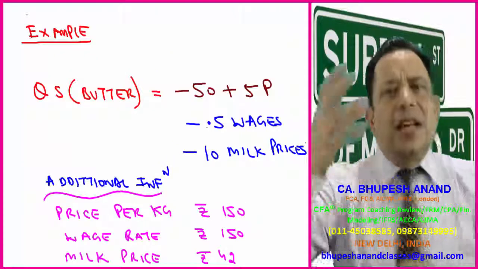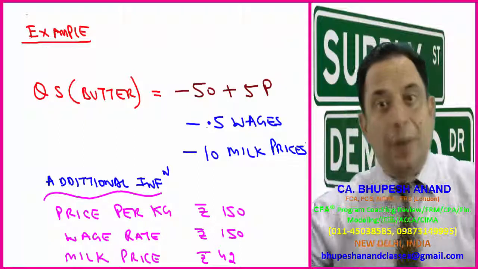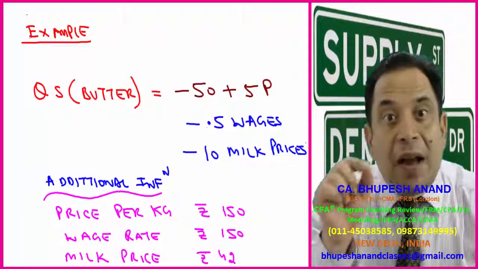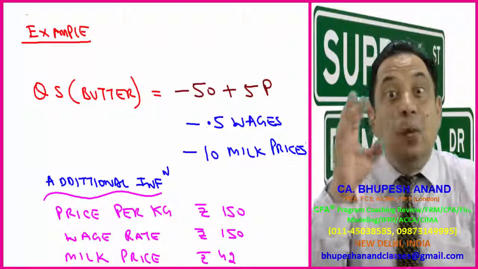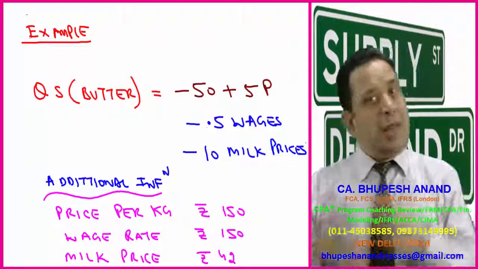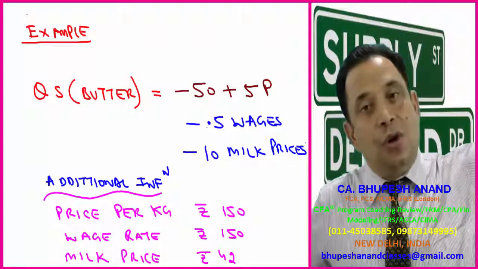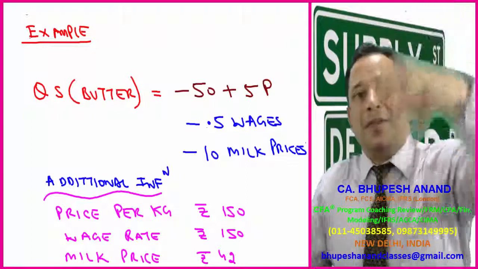So supposing I take this example, the supply function of butter, then the quantity supplied of butter is equal to, in India we have Amul butter, the same as in the case of the demand function, on the same logic I am preparing it for supply.